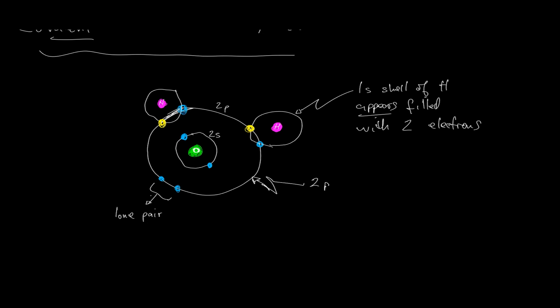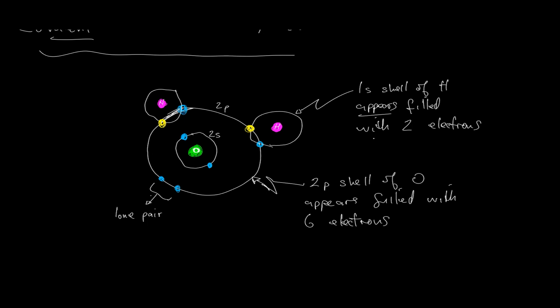Finally we look here because this is happening twice. Here we have the 2p subshell of oxygen appears filled with its maximum of 6 electrons, even though in reality it only has 4.